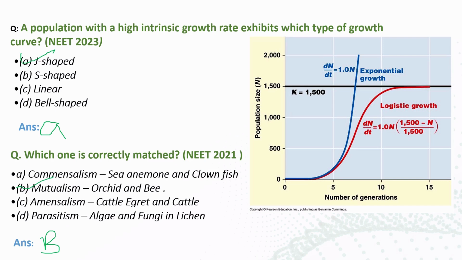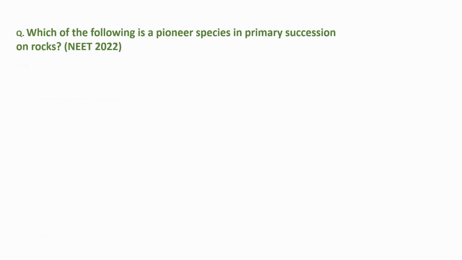Okay, so like this, if you see the other options, you will get it. And the next question: which of the following is a pioneer species in primary succession of rocks? Normally, what is primary succession? Primary succession on rock means the soil is not yet formed, like when you see the evolution process of how sand, soil, and everything are formed.